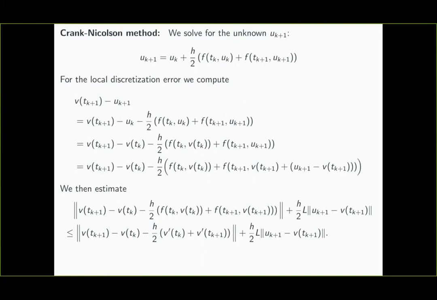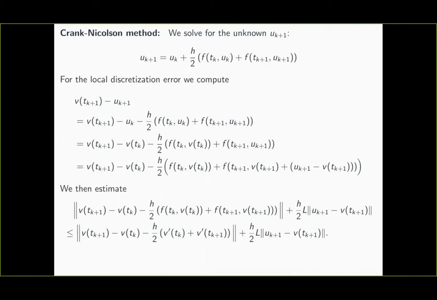Just as before, the local discretization error is v(t_{k+1}) minus u_{k+1} by definition. Let us plug in now the definition of u_{k+1} in the Crank-Nicolson method. And so we see that the local discretization error equals v at time t_{k+1} minus u_k minus h over 2 times f(t_k, u_k) plus f(t_{k+1}, u_{k+1}).